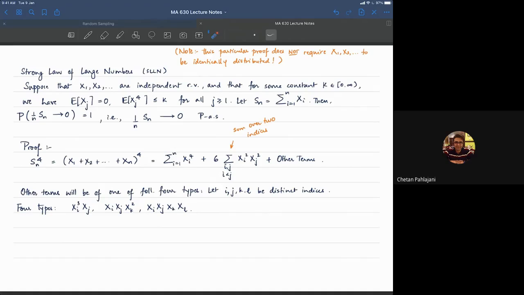No less, no more. All the 4 x's may have the same index, so it may be something like x_i to the 4. You may have x_i squared x_j squared, where i and j are different. You may have x_i cubed x_j, where i and j are different. You may have x_i x_j x_k squared, where i, j, k are different. And you may have x_i x_j x_k x_l, where i, j, k, l are different. Any questions with this? There are no other terms that will show up. Any questions with that claim?